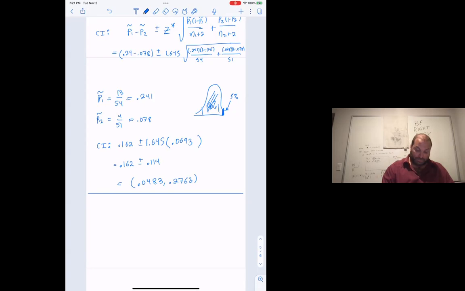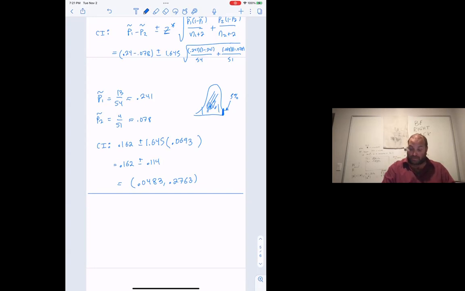Well, the N's are the N values, right? Not exactly, because this is a small sample, we have to adjust them. The N's are going to be your N plus 2s. For the small sample confidence interval, we don't put in the actual values. We put in the adjusted values.